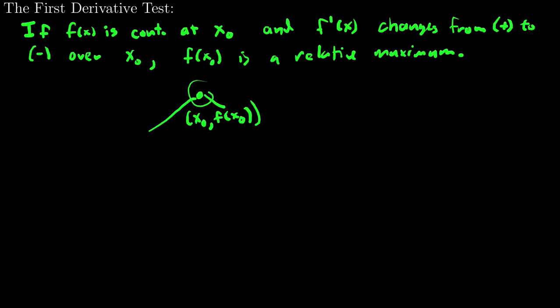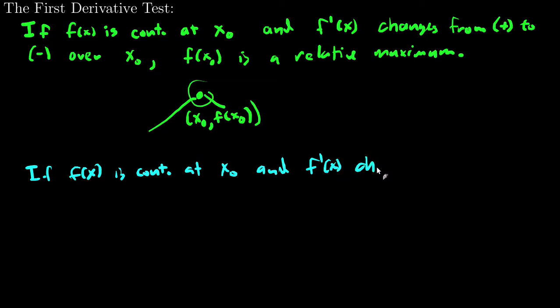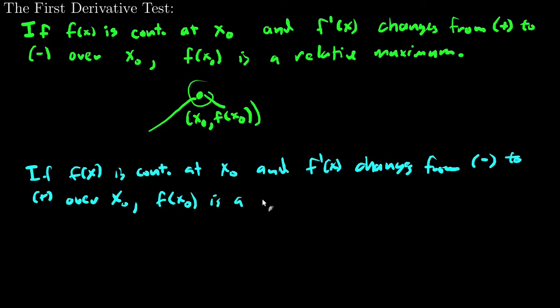And I guess this would be inversely, or almost inversely, if f of x is continuous at x naught and f prime of x changes from negative to positive over x naught, f of x naught is a relative minimum.